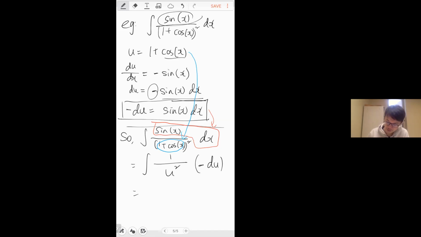You take the antiderivative. So let's pull out the negative outside of the integral. So you have negative 1 over u squared. This is u to the negative second. And so what is the antiderivative of u to the negative second?